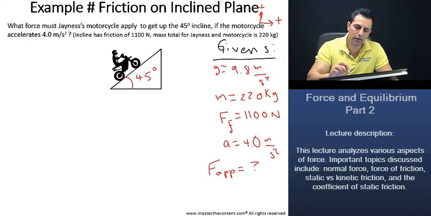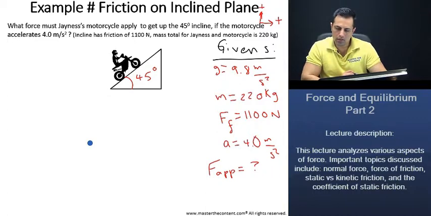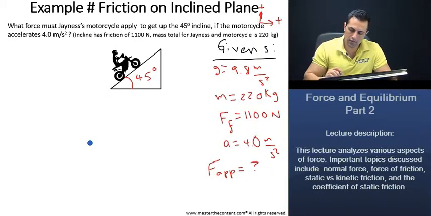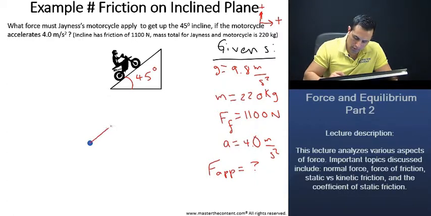Great. Let's begin by drawing ourselves a free body diagram. Wonderful. So we'll begin here, and again, we said to the right is positive. Thus, what we're looking for is the force applied, that's going up the incline as such.